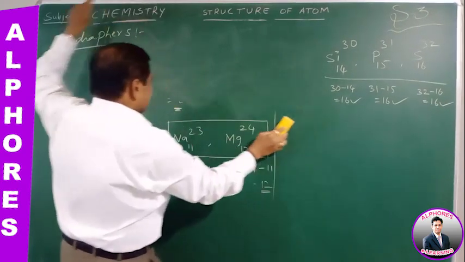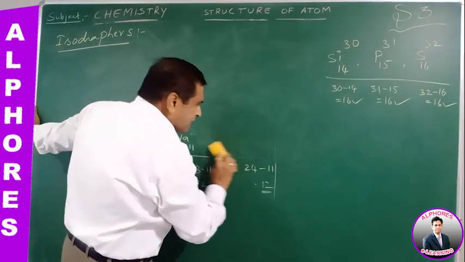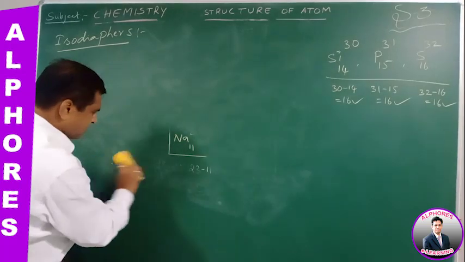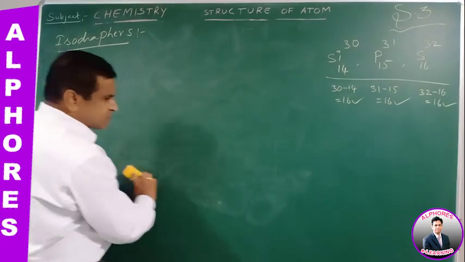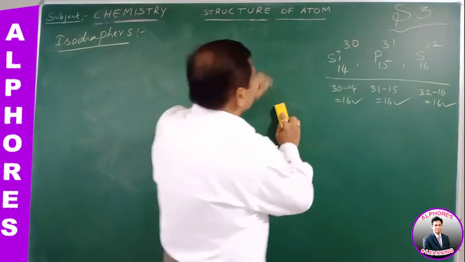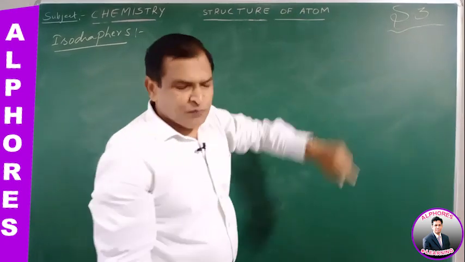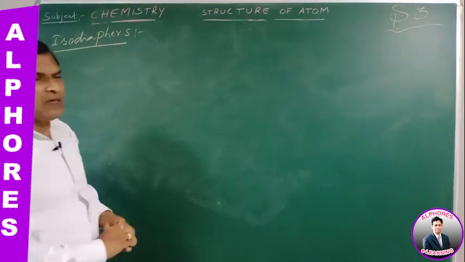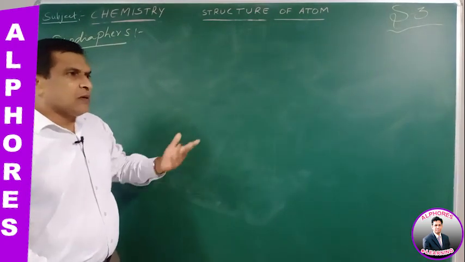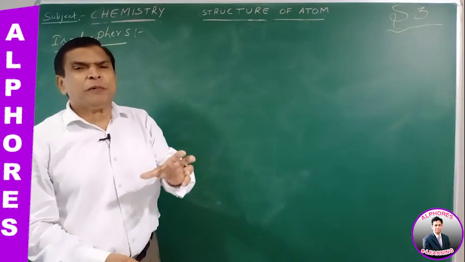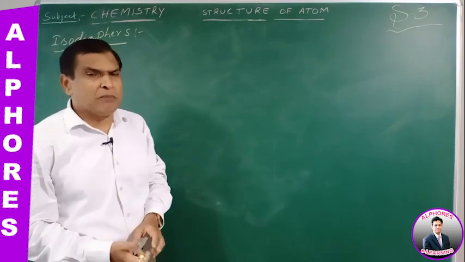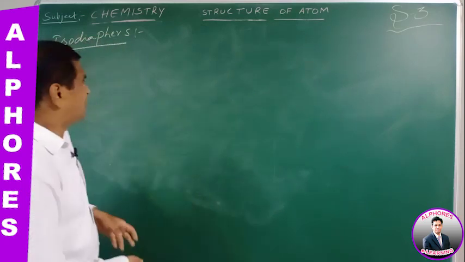The statement of isodiaphers: atoms of different elements having different atomic numbers and different mass numbers, but possessing the same isotopic number, are called isodiaphers.